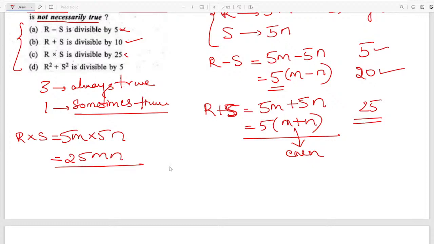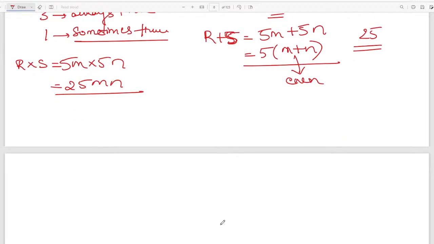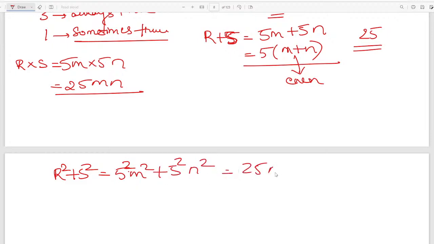This is gone. Then R square plus S square. This is 5 square m square plus 5 square n square. This is equal to 25m square plus 25n square. If I take 25 common, it is m square plus n square.